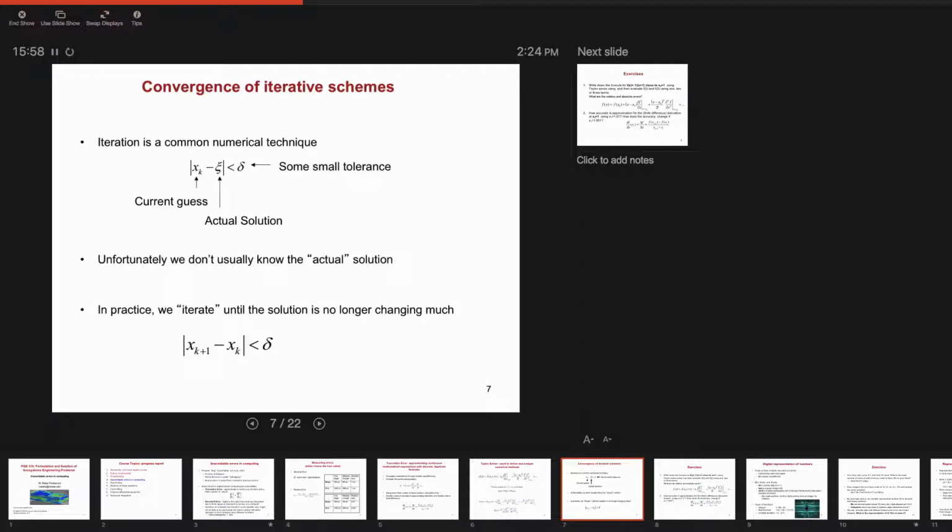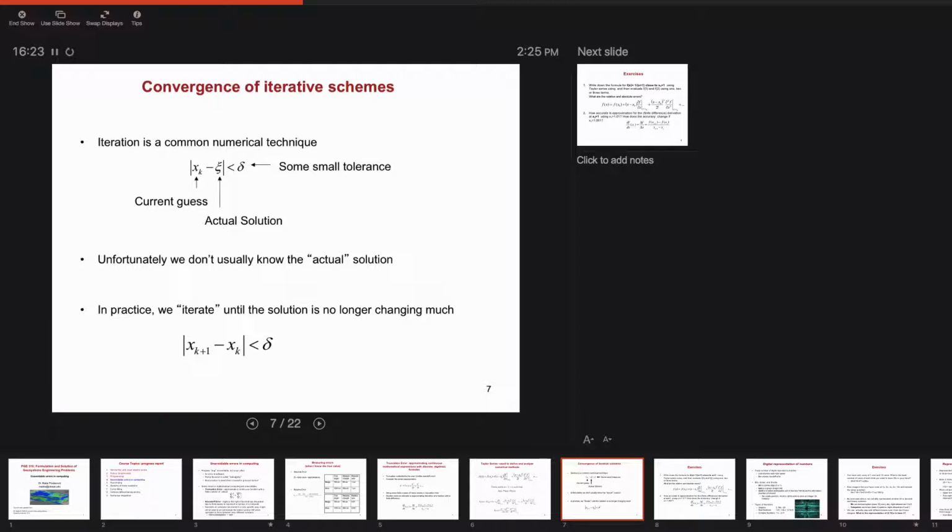That's how we stop in algorithms, so we have some small tolerance. Ideally, I would like to evaluate my guess against an actual solution, but if I don't have an actual solution, I have to stop when two neighboring iterates are close. So that's a practical matter.